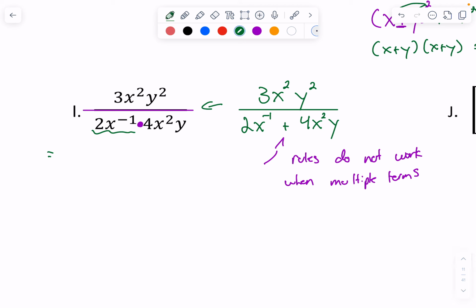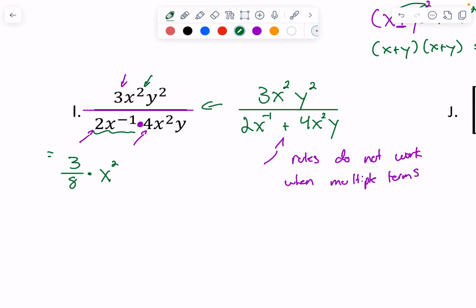All right. So just like we were doing before, let's look at our coefficients. So 3, 2, 4, that means up top we'll have a 3, and then 2 times 4 will give us 8. We'll pull that out. And then let's look at our x's. We have a 2 here, so x squared.